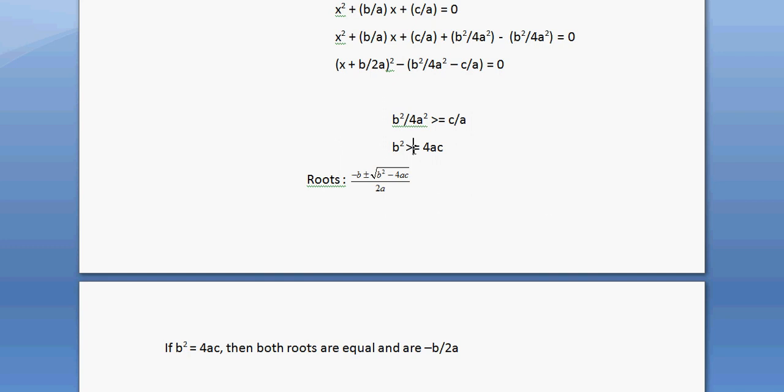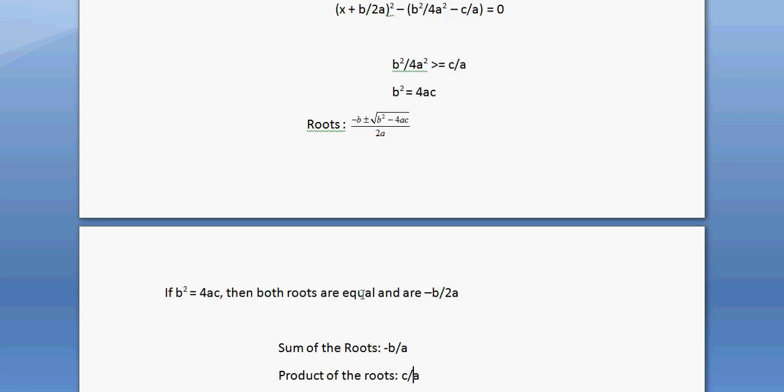If b square is less than 4ac, then we don't have real roots of a quadratic equation. If b square is equal to 4ac, there would be only a single root, which is written here. Then both roots are equal and are equal to minus b by 2a. Otherwise, to get the 2 roots, this inequality has to be satisfied, that b square should be greater than 4ac.